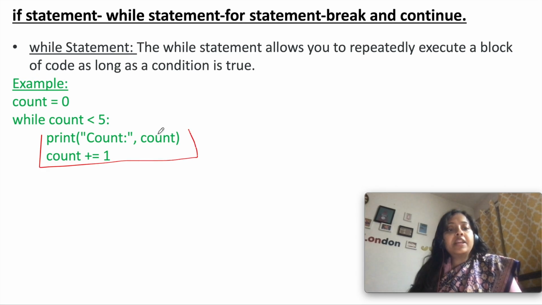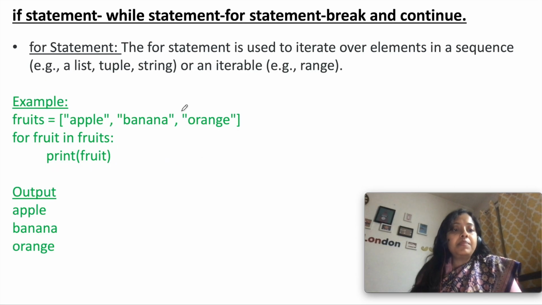I hope you all can see now. The indentation makes us understand that these two lines are coming under the while loop. So here count is 0, while count less than 5, we will print count and then increase the counter by 1.